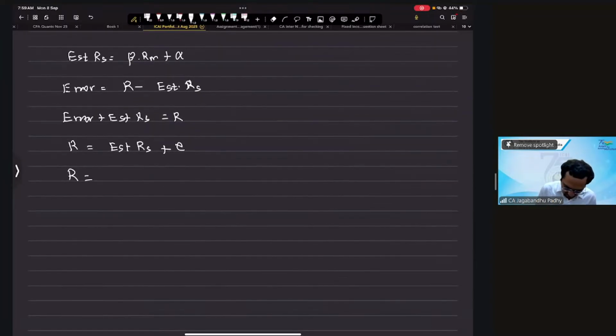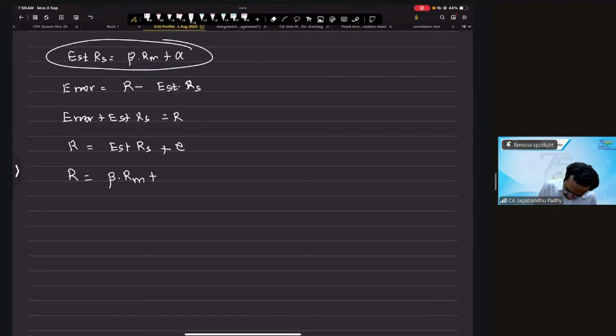So return of security will be the estimated return of security plus the error term. The estimated return of security was beta into RM plus alpha, so the return of security is beta into RM plus alpha plus error term.